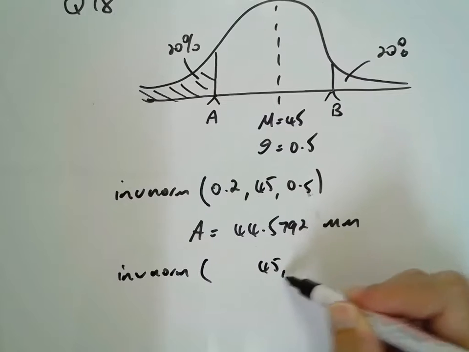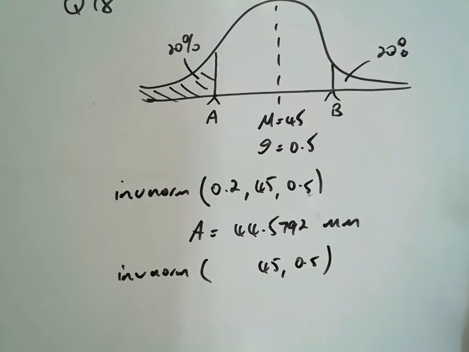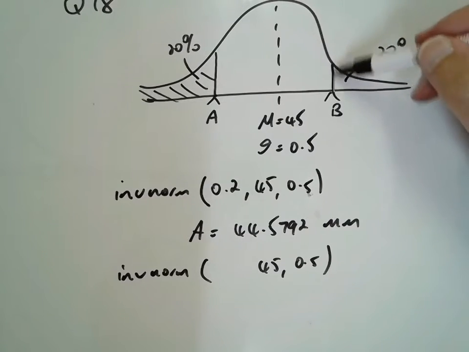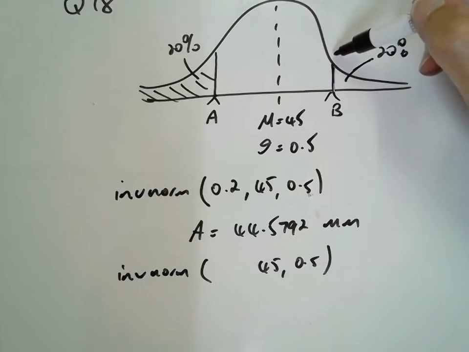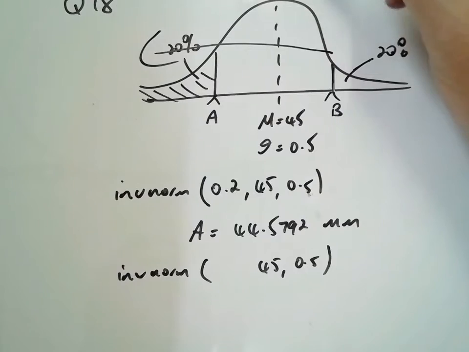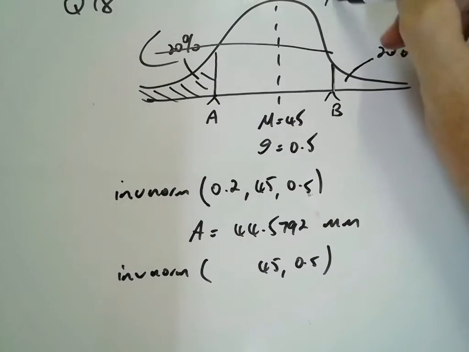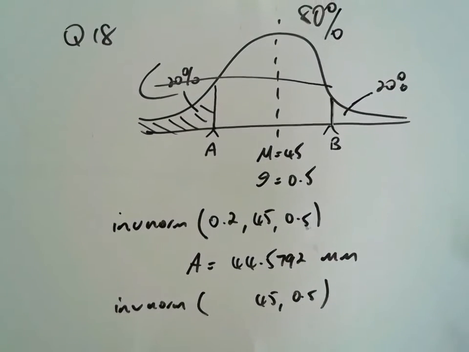Let's find B. So clearly we know our 45 and our 0.5. Okay, it stands to reason if that's 20%, then everything that side is 80%. So here is 0.8.